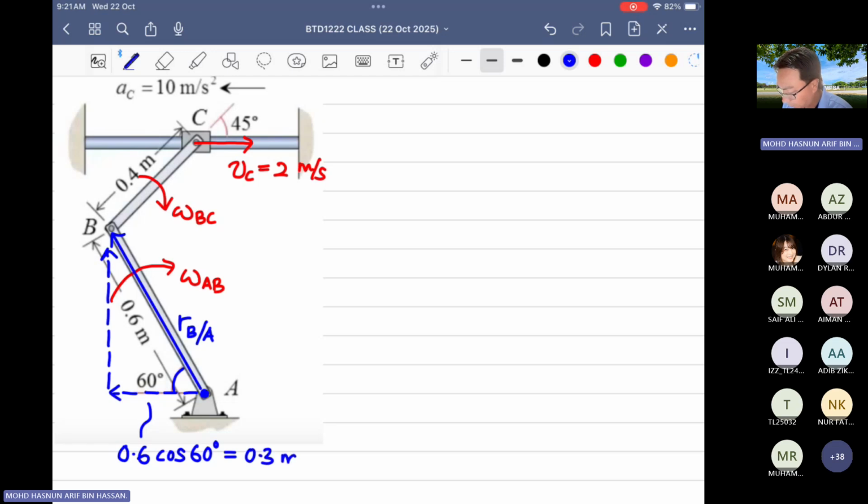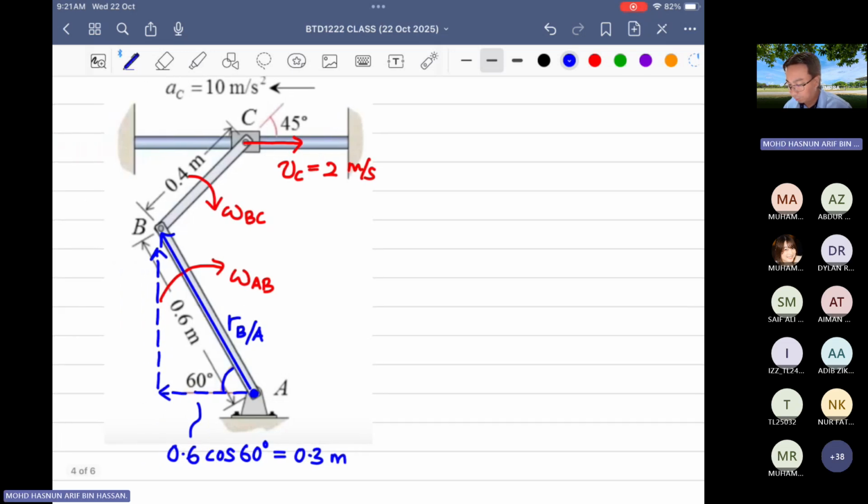This will be 0.3 meter. And then the other part will be 0.6 sine 60 degrees, which will be equal to 0.5196 meter. This unit is meter. All right.